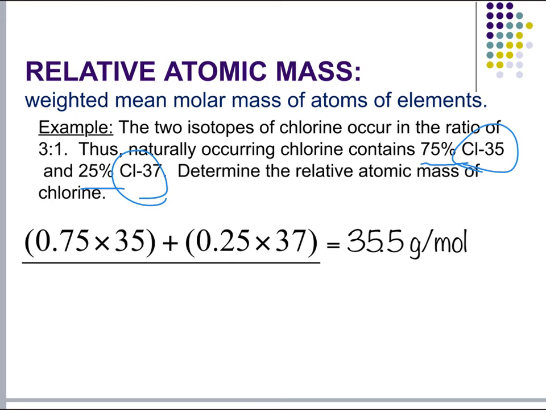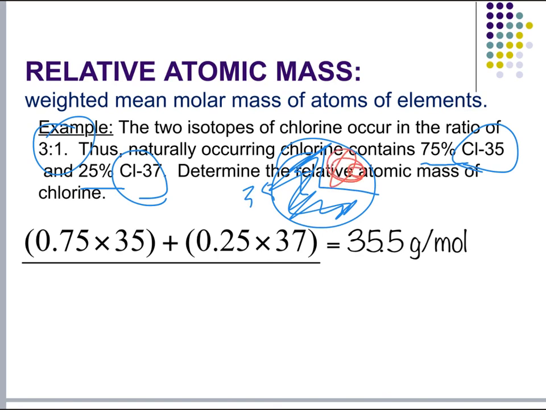So it's a 3-to-1 ratio basically. I have 3 times as much chlorine-35 as I have chlorine-37. But think of this as part of a whole, right? So if I had 100% chlorine, 75% of that would be the chlorine-35, but only 25% of that would be the chlorine-37.